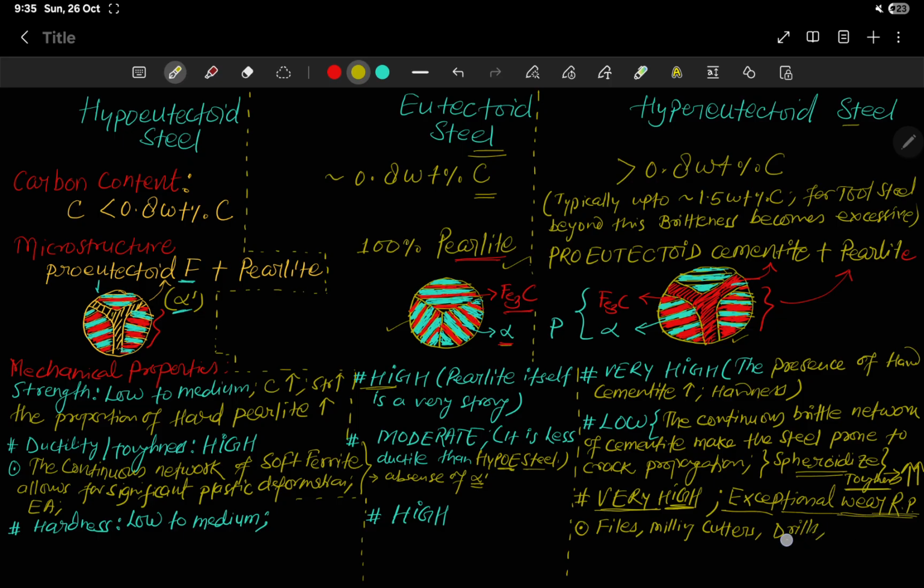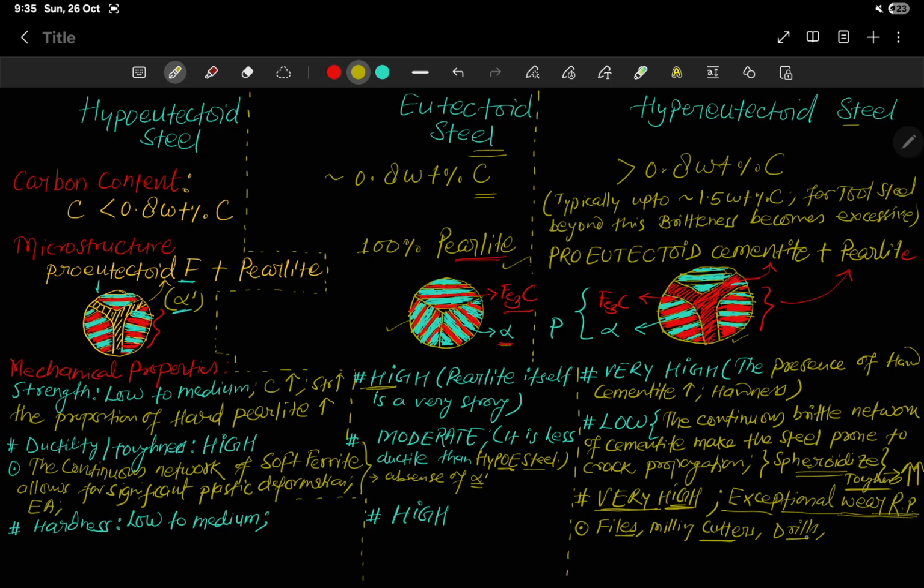We want that these tools should not deteriorate, so they should have exceptional wear resistance. These engineering products are manufactured from hypereutectoid steel.